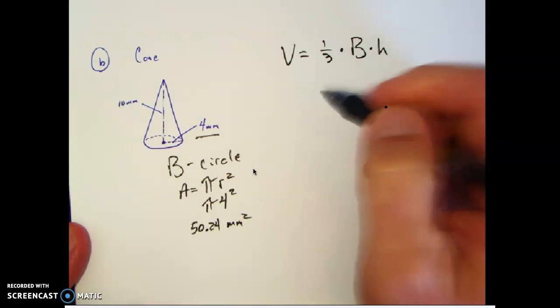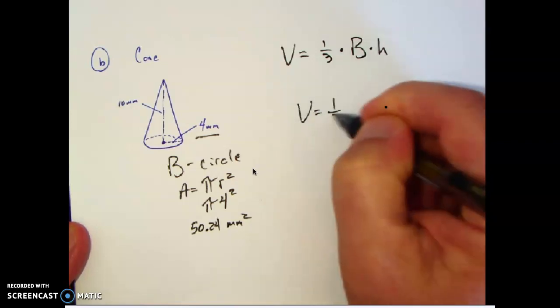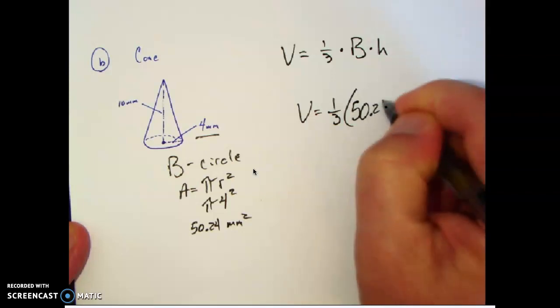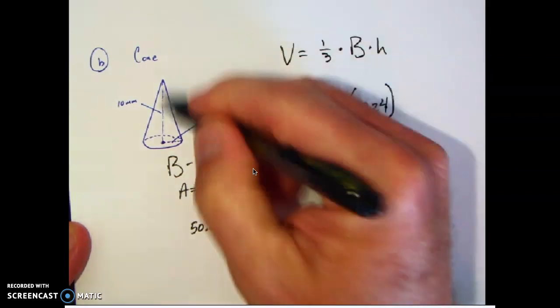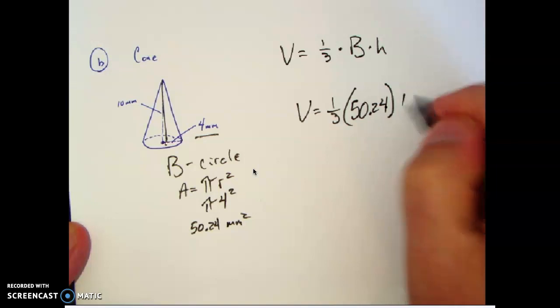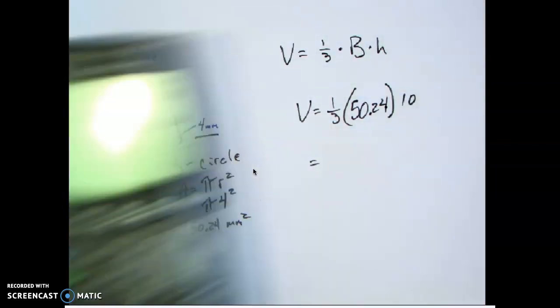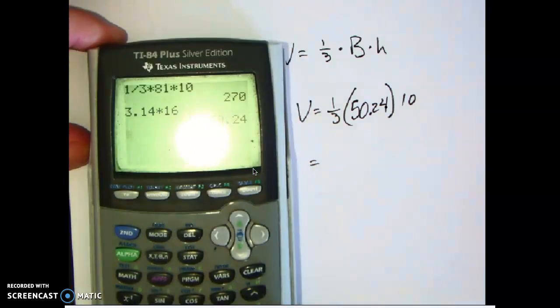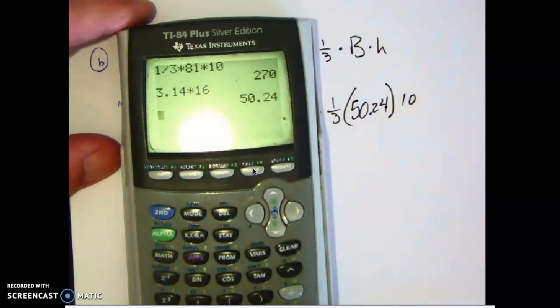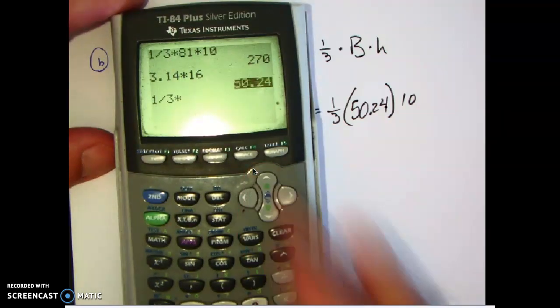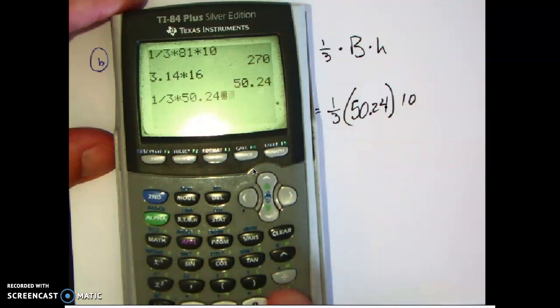And so now when we're looking at the volume, we have 1/3 area of our base times our height. That was the 10 millimeters. So again, plugging that into our calculator, we have 1 divided by 3 times 50.24 times our height of 10.